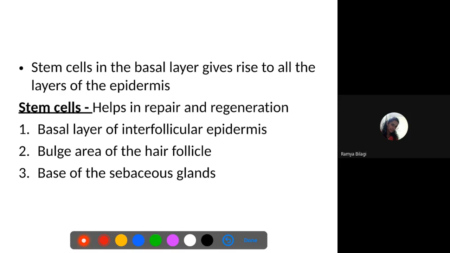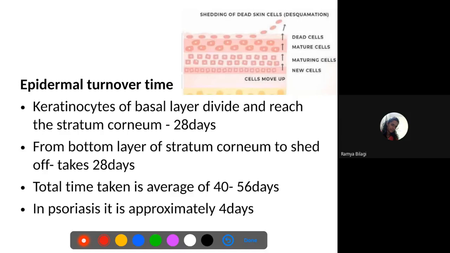Next there's something called epidermal turnover time. Because I've already told you that the stratum basale layer gives rise to the upper layers of cells, keratinocytes divide to reach the upper layer. So these are the keratinocytes of the basal layer. They constantly multiply, and they try to reach the upper layer of the skin, that is the stratum corneum. Right? This is the uppermost layer. For the basal layer cells to reach the base of the stratum corneum, the time taken is 28 days.